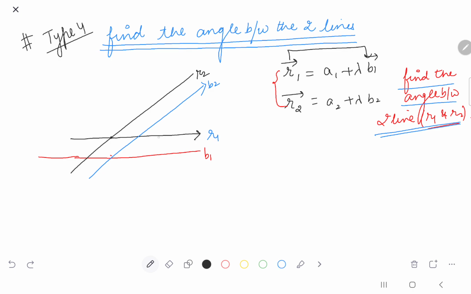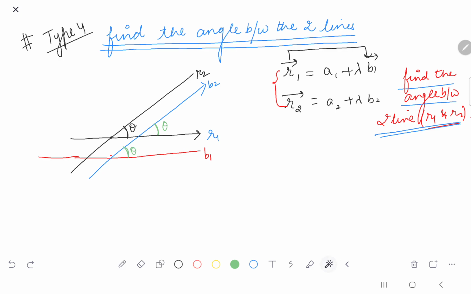Now I am supposed to find out the angle between R1 and R2. This is theta. Is this theta? And this is also theta, isn't it?